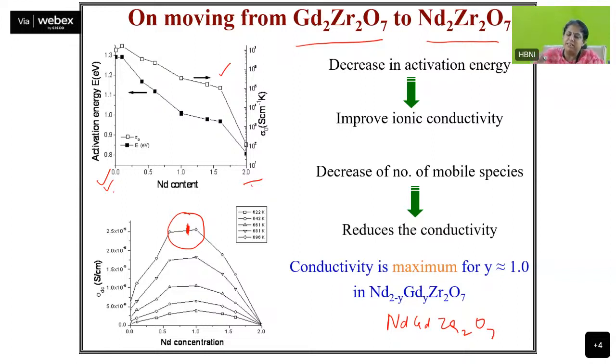So what basically this is doing is, decrease in activation energy is improving the ionic conductivity, but the decrease in the number of mobile species is reducing the conductivity.